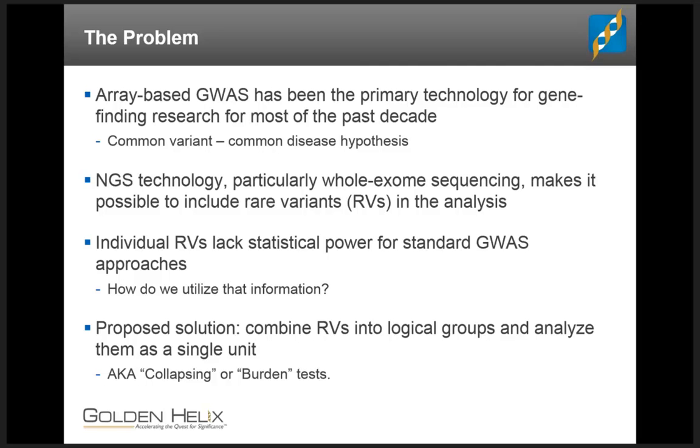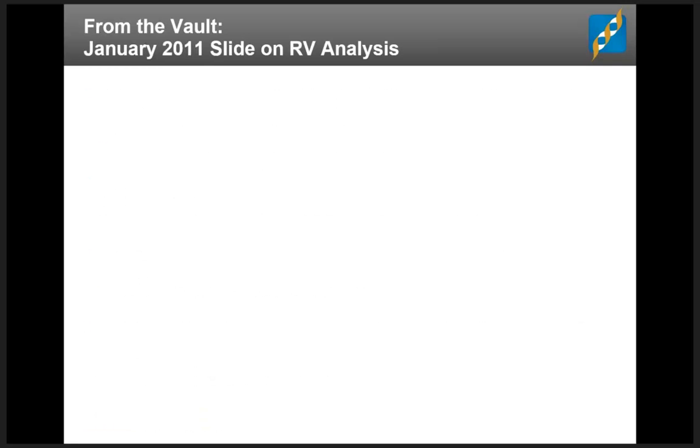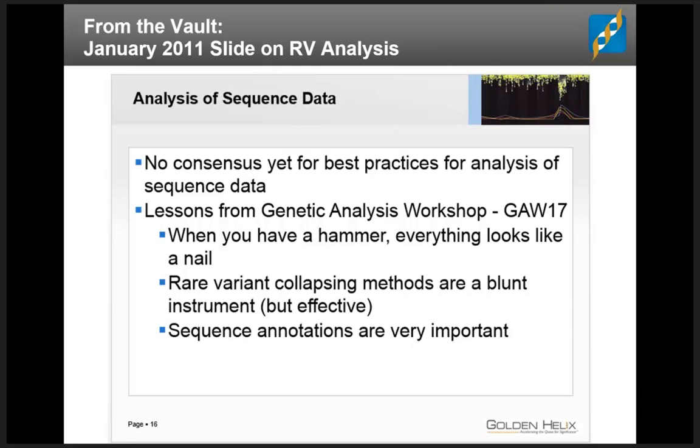Now, those of you who have heard me speak before know that I occasionally like to go back and revisit the vault and see where we've been and where we're going. And in early 2011, so nearly 3 years ago now, I gave a presentation that included a few thoughts on this same topic. And at the time, something that was really fresh on my mind was the GAW17 workshop.